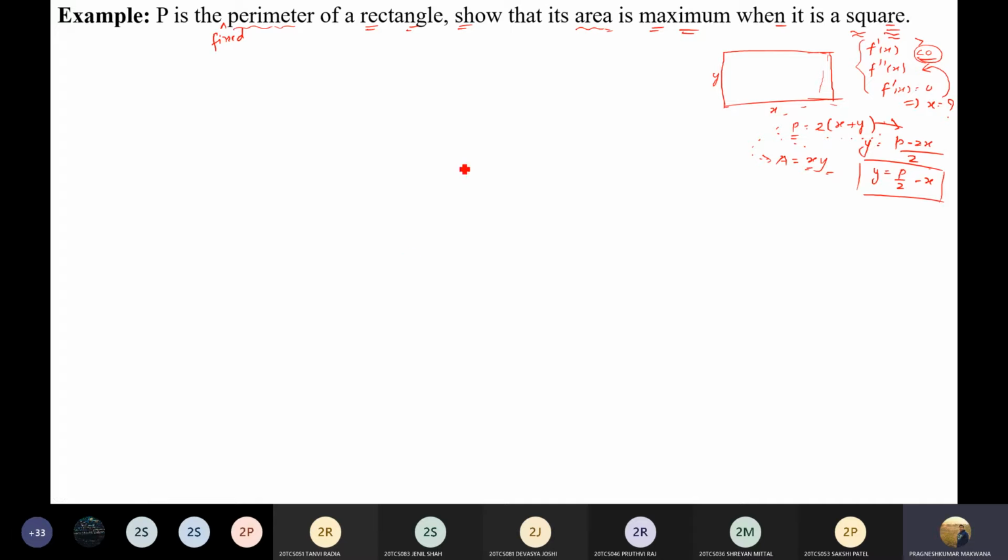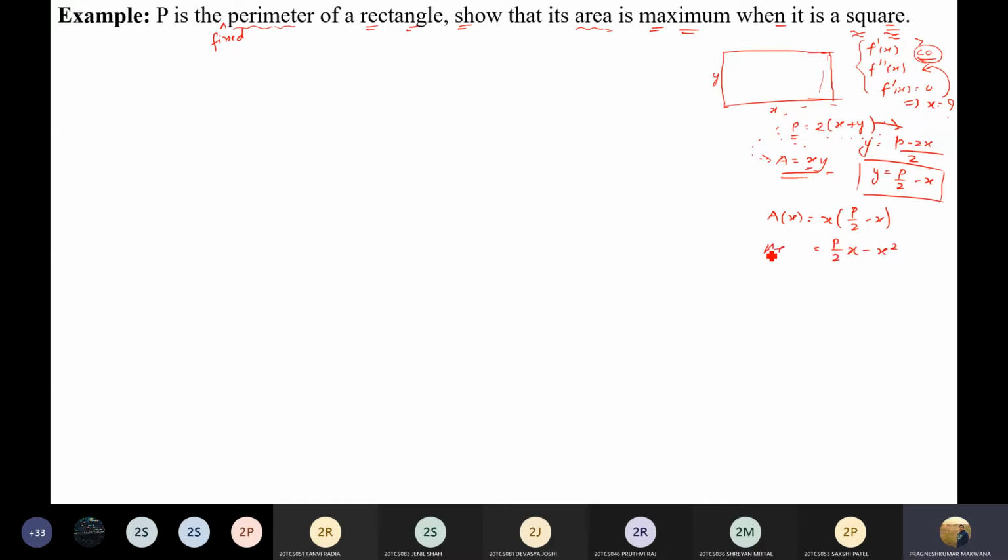Now substitute the value of y in the formula of area, so we convert it in terms of x only. So x times (P by 2 minus x). Simplifying, P by 2 x minus x square.